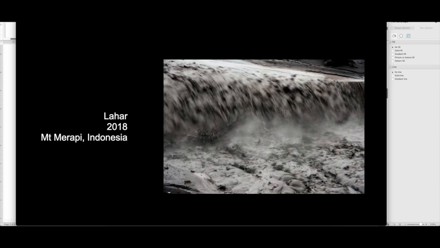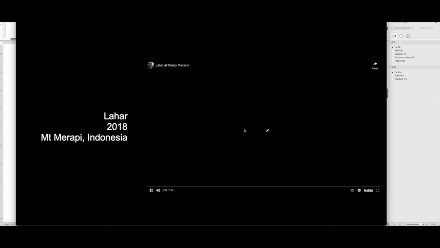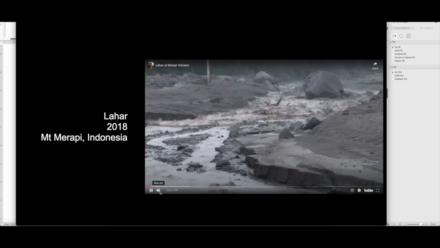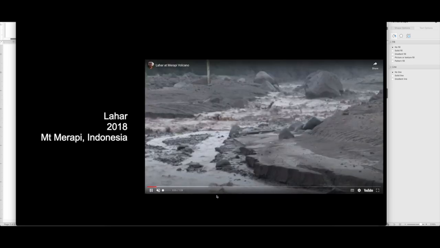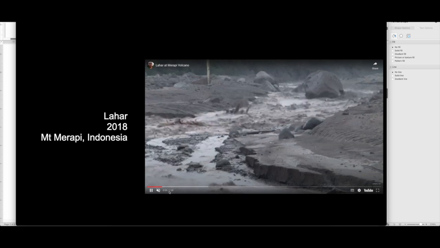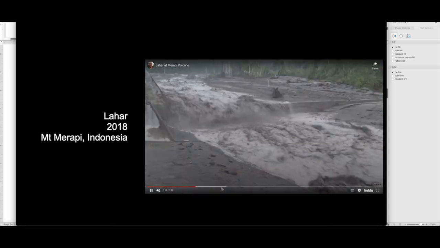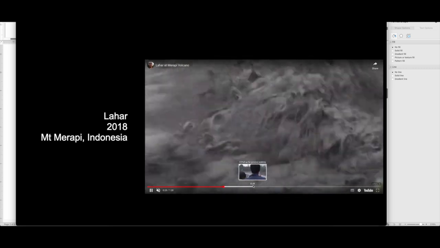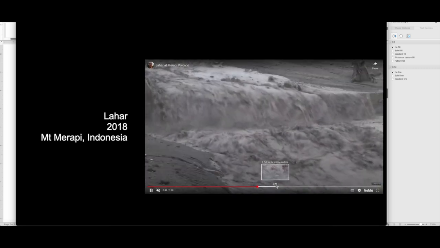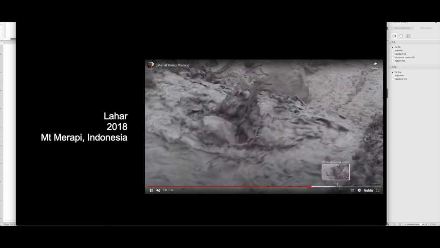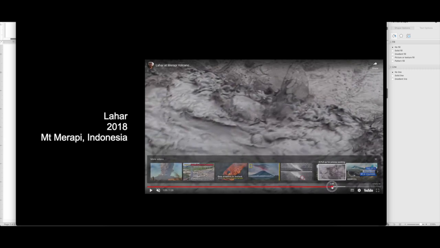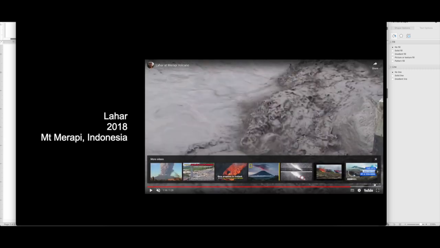Okay, this is from the 2018 eruption in Mount Merapi. You can see the volume and the speed of it. This is just sticky mud, but because there's so much volume, it can flow so quickly and flood the whole place and bury the whole place, actually.